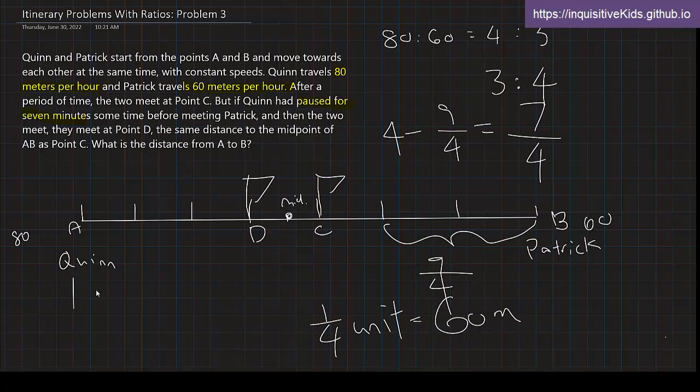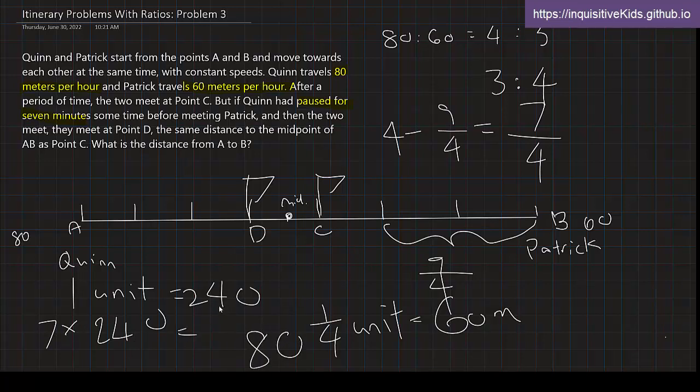So 1 unit equals 240 meters. And since there is in total 7 units, we can multiply 240 with 7. And that brings us to 1,680 meters. So that's 1,680 meters.